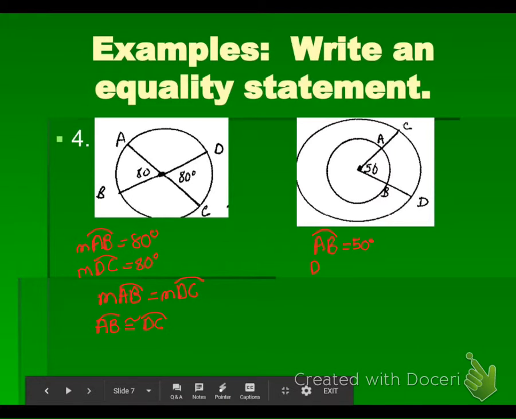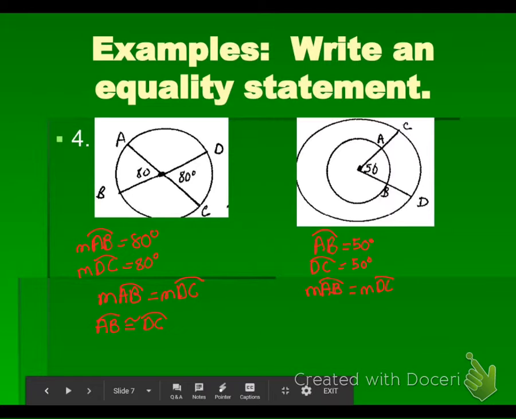And then we have arc DC or CD. What's its measure? It's going to be 50. So are these two equal? They are, right? The measure of arc AB is equal to the measure of arc DC. Are they congruent?